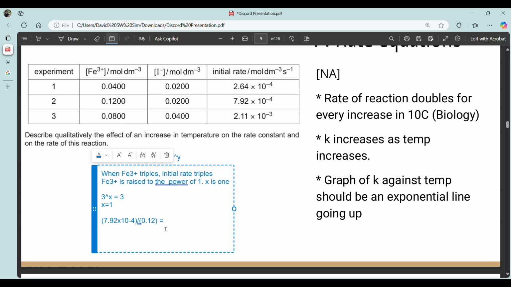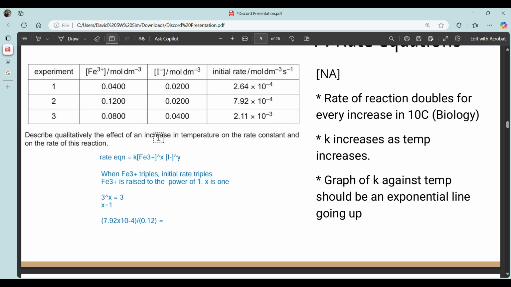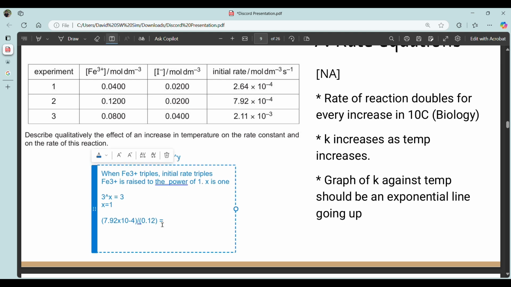In this case, Fe3+ is raised to the power of 1, so we just divide by 0.12. But if we had something like k times Fe3+ squared times iodide, then this 0.12 would have to be raised to the power of 2, but that's not the case here.